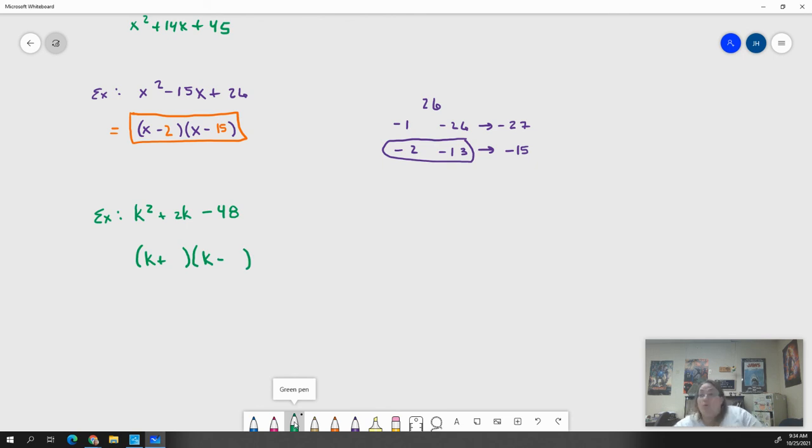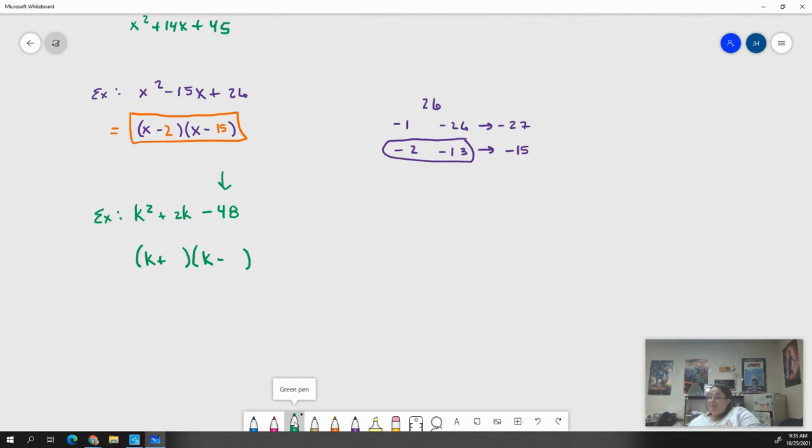Because at the end, when I would multiply these two terms together, the only way I could end up with something negative is if one of them's negative. If they're both negative, I get a positive. If they're both positives, I get a positive. The only way I can have a negative C term, the only way this negative 48 can exist is if I multiply something times a negative number, right?